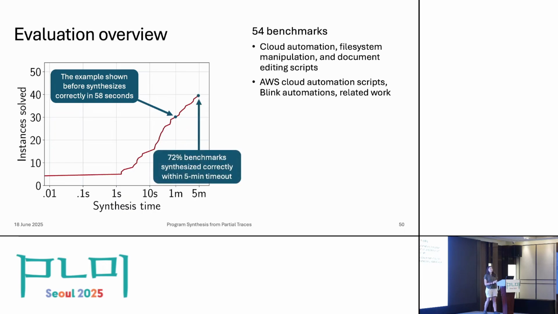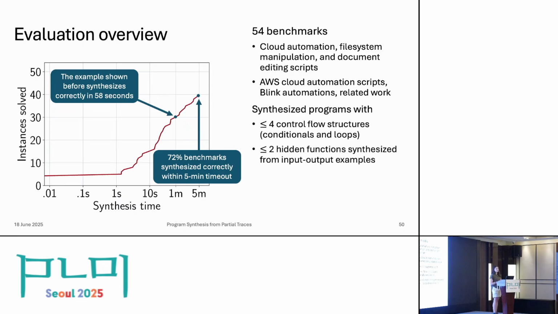Within the 5-minute timeout, we were able to synthesize 72% of our benchmarks. And these include programs with up to 4 control flow structures, such as conditionals and loops, and up to 2 hidden functions synthesized using the example-based synthesizer.